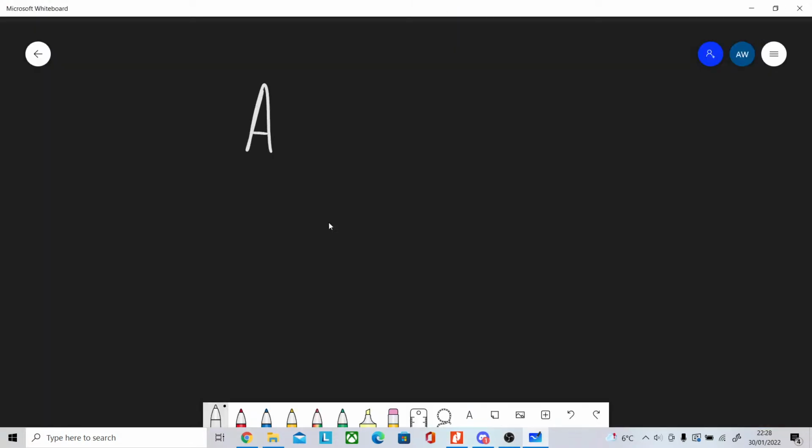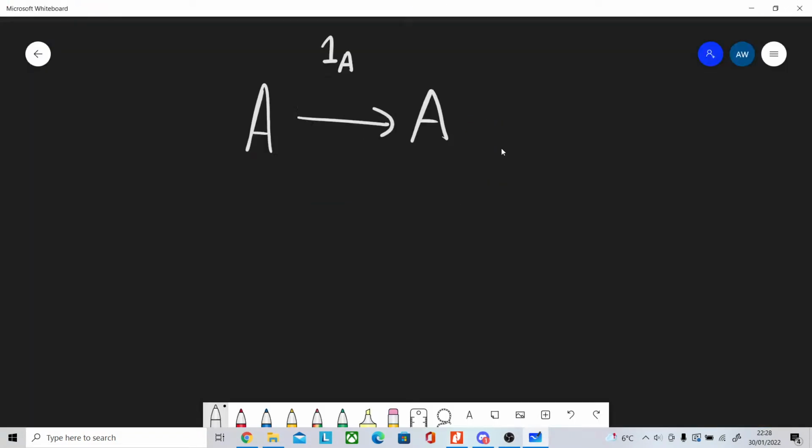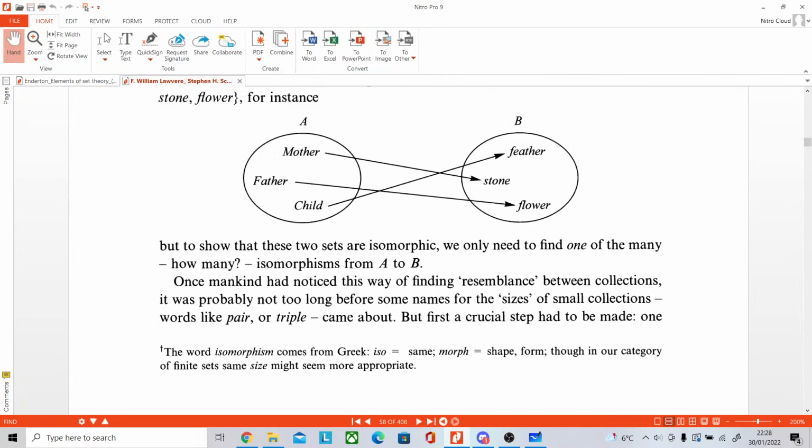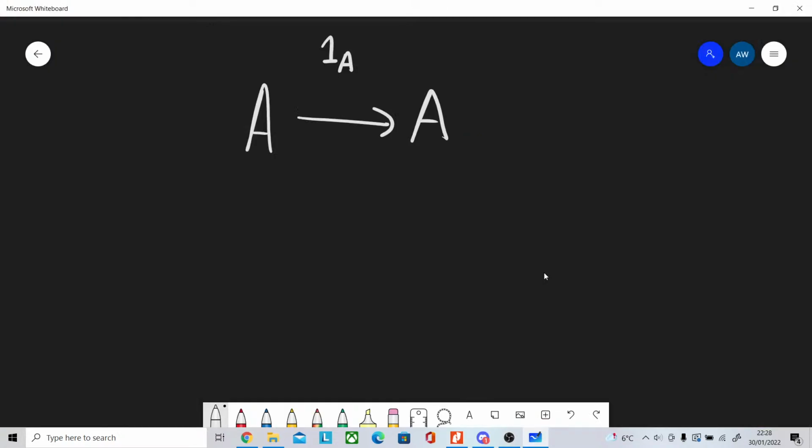Show that 1A is an isomorphism, right? So we're saying that this needs to have an inverse map. If there is a map B to A, for which G composed with F is the identity on A and F composed with G is the identity on B, right?